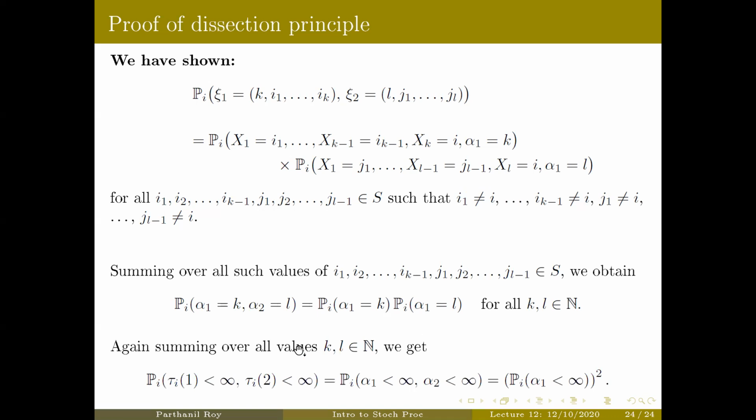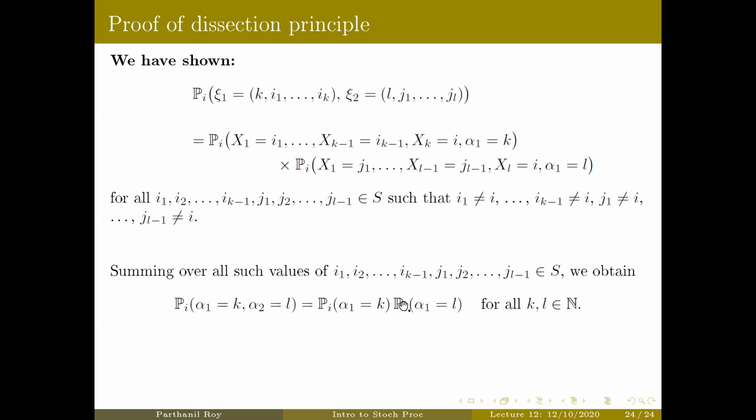So summing over all possible values, and this is true for all positive integers K, L, now sum over all possible values of K and L. That will give you that the joint probability of alpha 1 finite and alpha 2 finite is nothing but the square of the probability of alpha 1 finite. Here we have both alpha 1, because both are starting, here we have alpha 1 and we have alpha 1 here. So both are alpha 1.